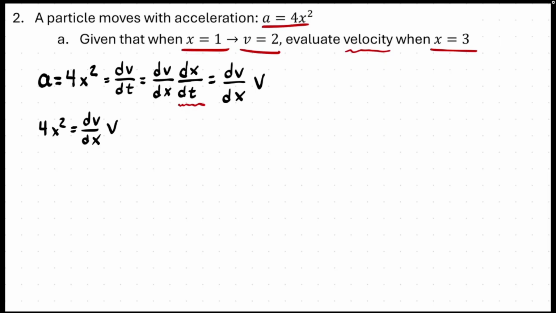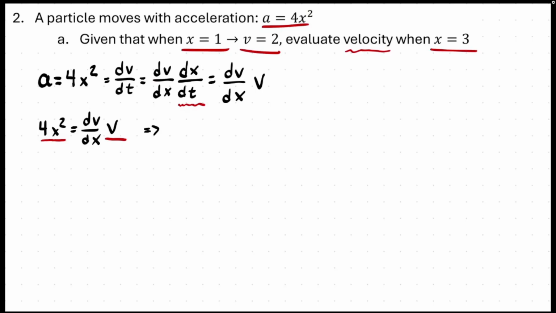Now, I don't know if you guys can see this, but we only have really two variables now. We've kind of eliminated our acceleration. We have this term in x and this term in v, and we also have a dv term and a dx term. What we can do here is, as this is a separable derivative, we can move the like terms to the same side. So I'm going to rearrange this.